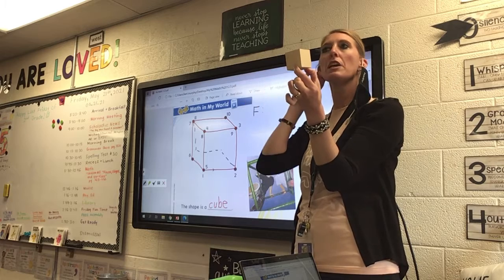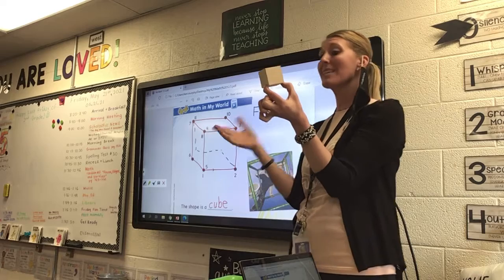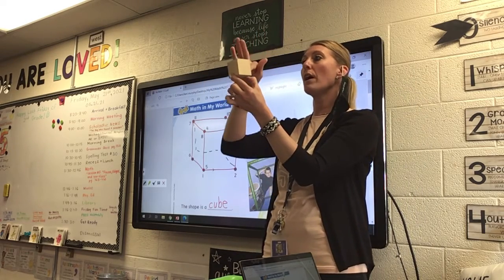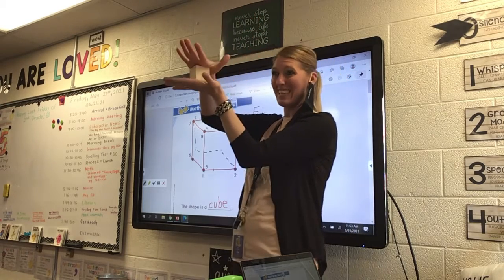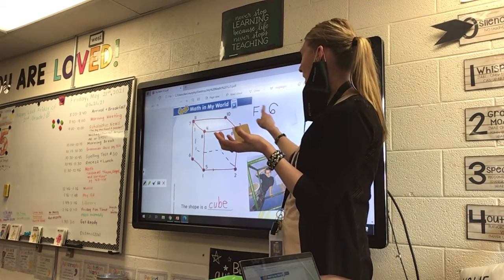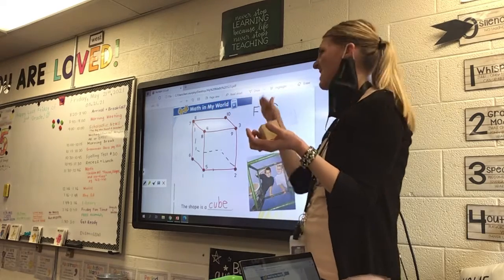Ready? 1, 2, 3. 6. Good, I heard 6. Most of you said 6. Sometimes people say 4 because they'll go 1, 2, 3, 4. But then they forget the top and the bottom, 5 and 6. So there are 6 faces. So can you up here put an F and then put 6? Yeah, like a dot to separate it.